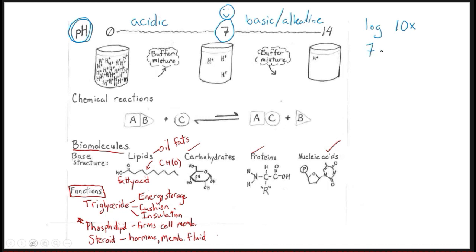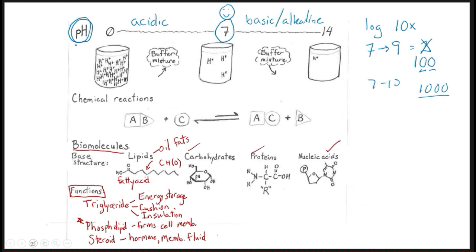So if you go from 7 to 9, you think that's a jump of 2, but it's not. It's a jump of 100. There are 2 zeros. And if we were to go from 7 to 10, then that would be a jump of 3 zeros, so 1,000 times.